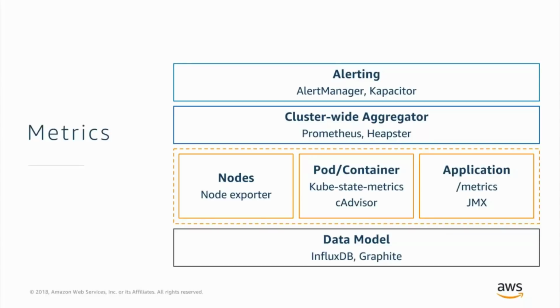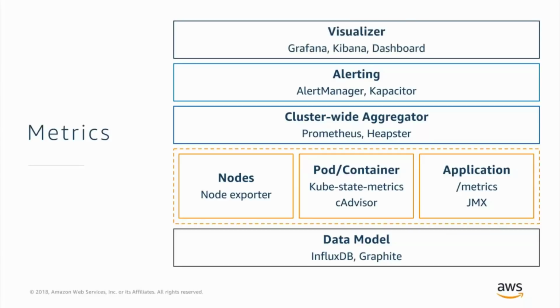You can also make use of InfluxDB or Graphite for your data model. You can have a visualizer such as Grafana or Kibana and have dashboarding capability for your metrics. All of these capabilities are available for Kubernetes implementations, and also on the EKS side, so you can have these plugins and capabilities enabled on the worker nodes and running in order to get the metrics from your EKS cluster.